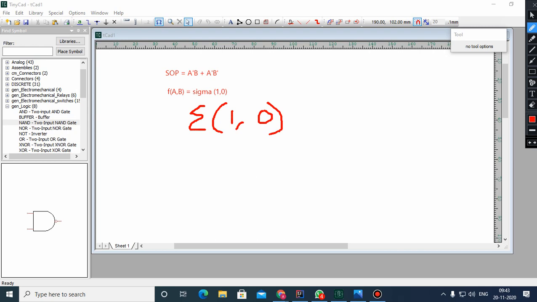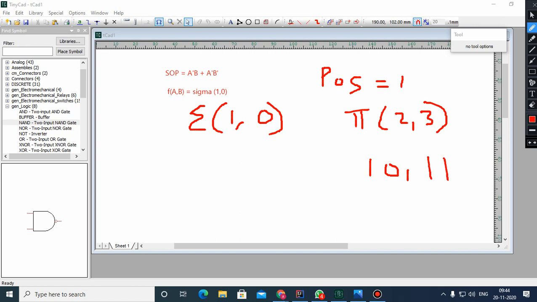And then what is the POS form? Children, here we have covered 1 comma 0, and the values which are left are pi 2 comma 3. POS we can represent using pi and summation we can represent using sigma.